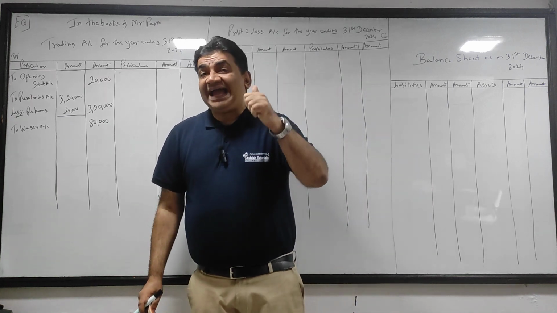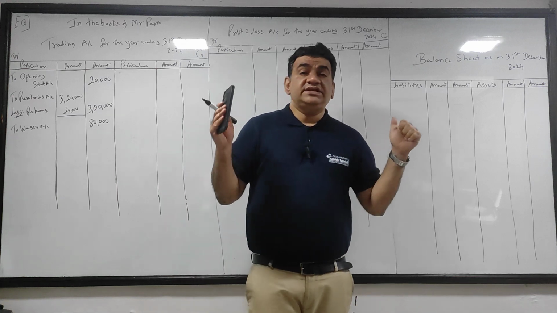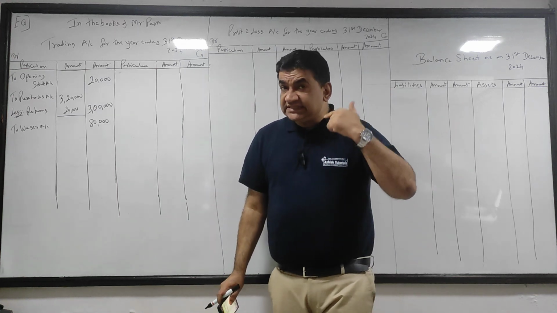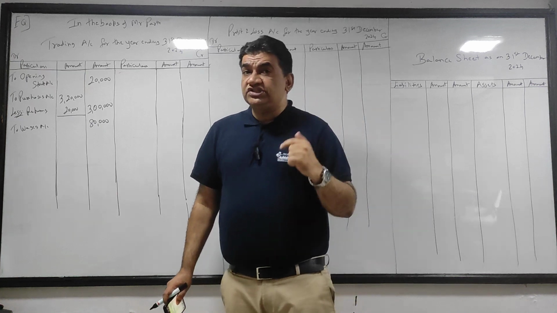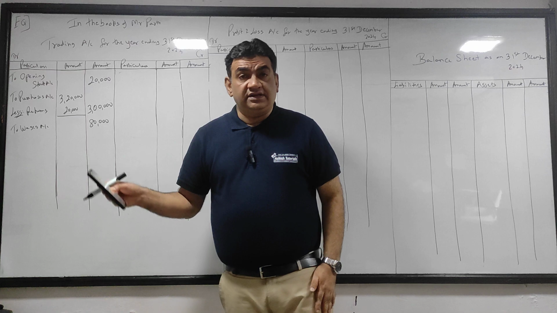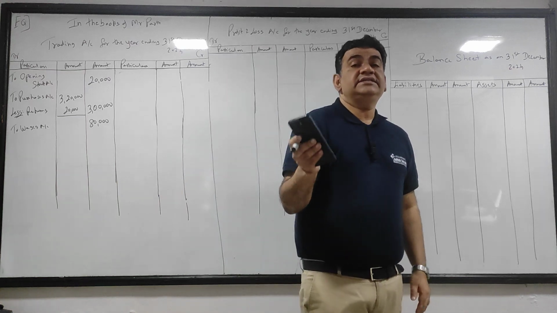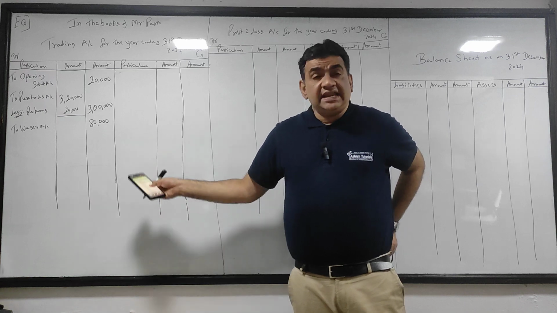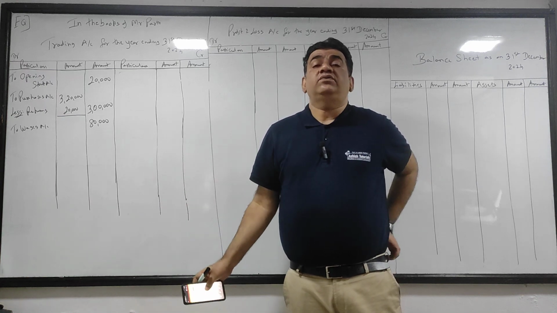So carriage inward first is transport charges paid on purchase of goods. Since it is paid on purchase of goods, it will be a direct expense and will be debited to trading account.